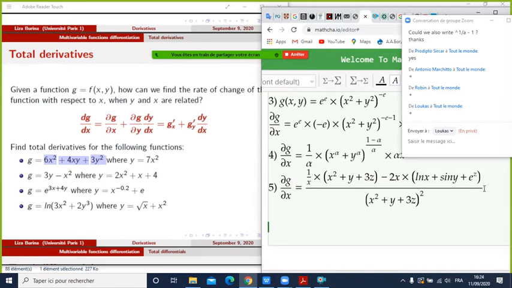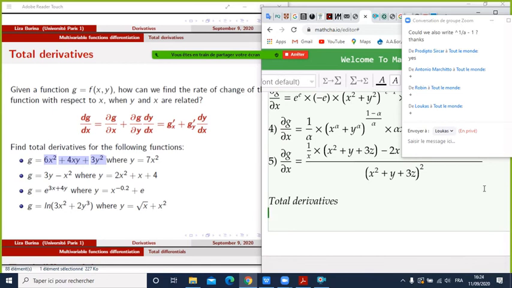So let's write here total derivatives, and I'm going to give you an example. Technically we have two ways to do it, and maybe the way with the formula is going to be trickier and not going to simplify our life.